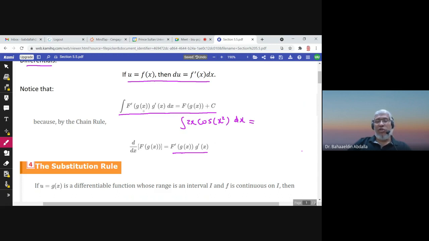So according to this formula, I have f prime, which is cosine, g of x is x squared, and g prime of x is 2x.